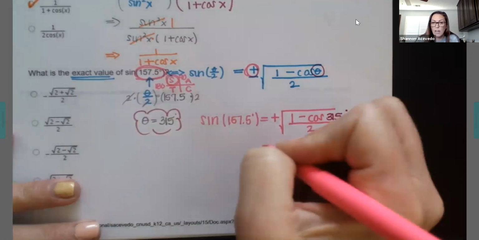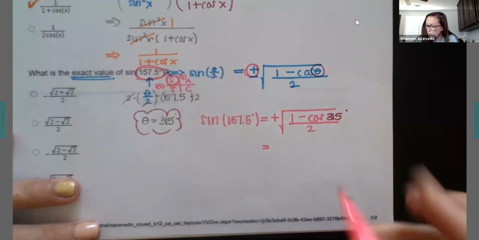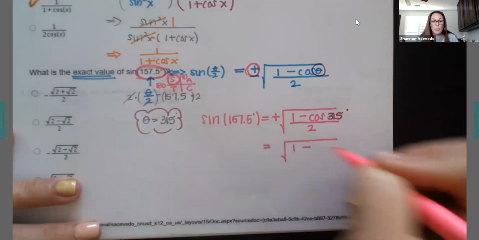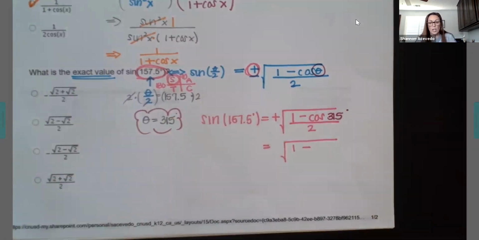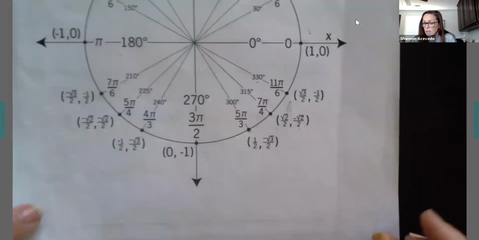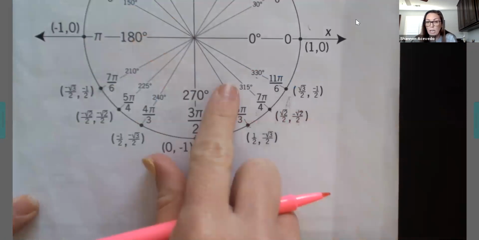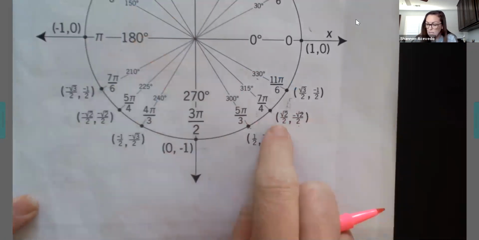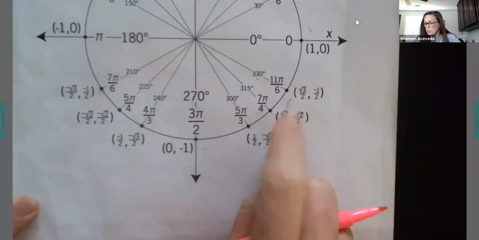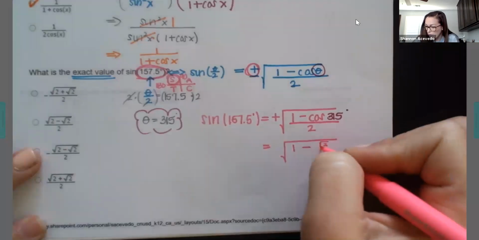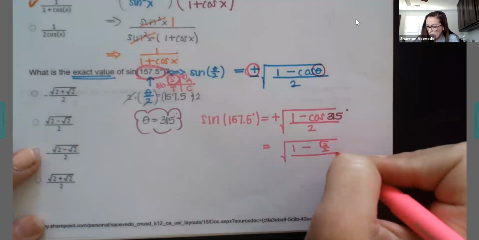So sine of 157.5 is going to be the square root of 1 minus cosine of 315. Looking at my unit circle, cosine of 315 is the positive square root of 2 over 2, divided by 2.